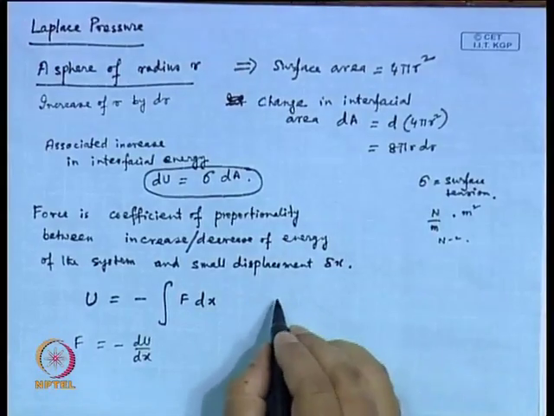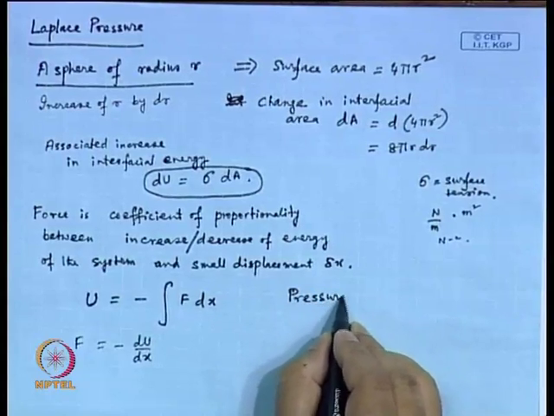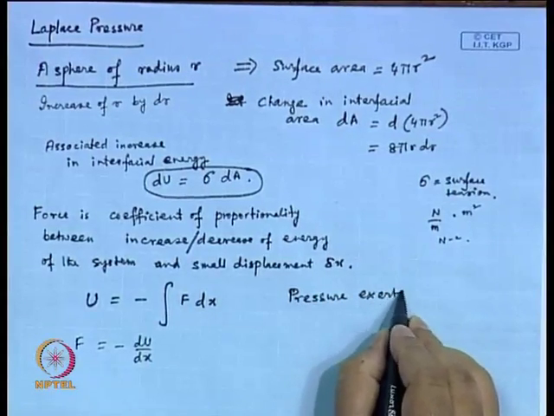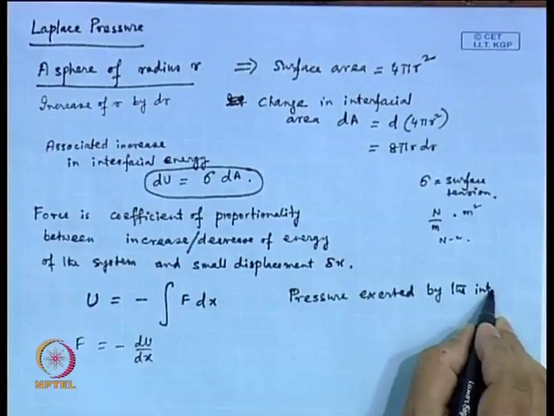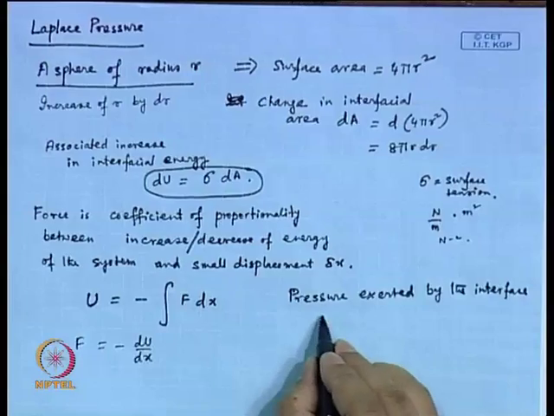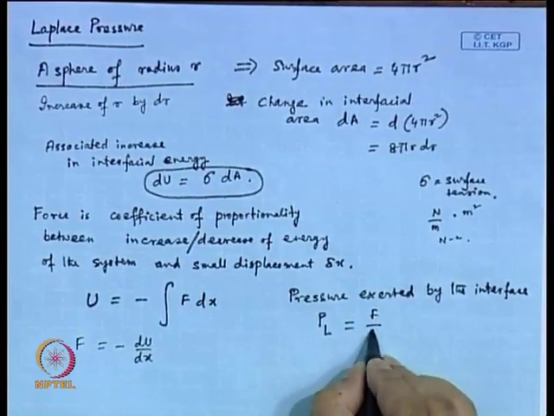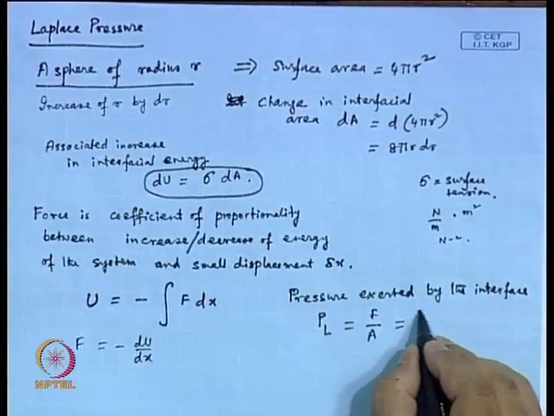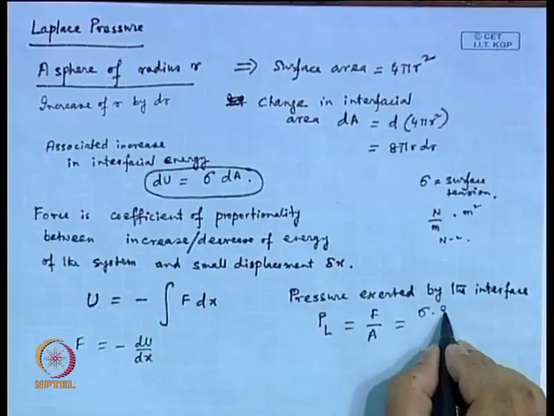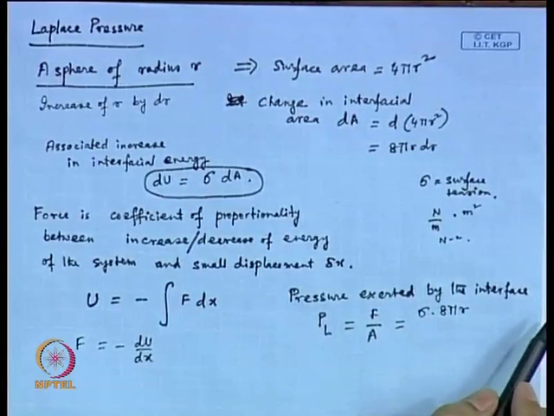Let me put it here. If I write this, the pressure exerted by the interface, we call this say PL, that is equal to force divided by area, and force in this case for the sphere would be sigma into 8 pi r, du dx.